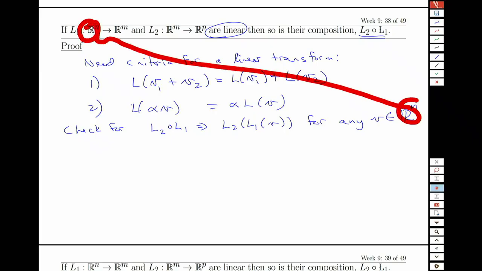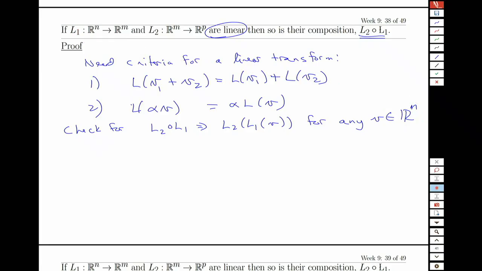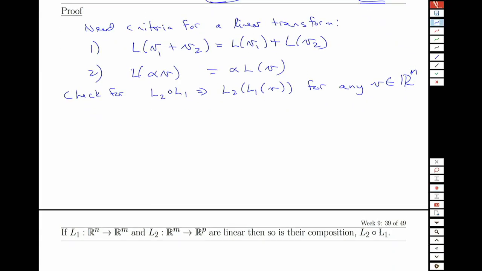Whatever L1 takes in, that's going to be our starting element for all these things. So let's consider, for number 1, the proof of 1, V1 and V2 that are in Rn. So inputs for L1.